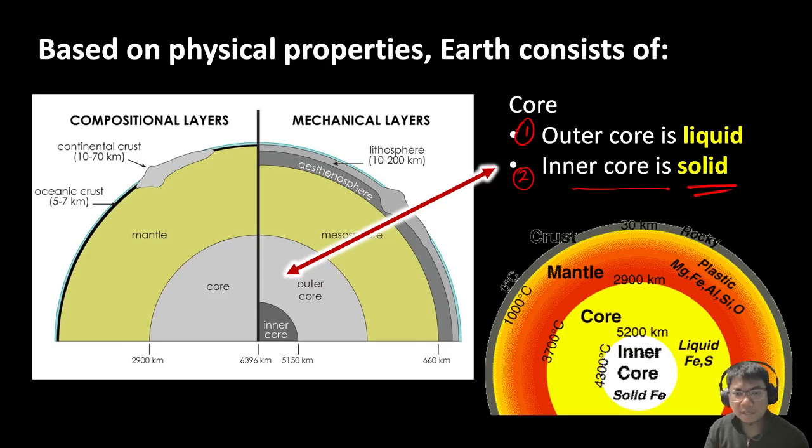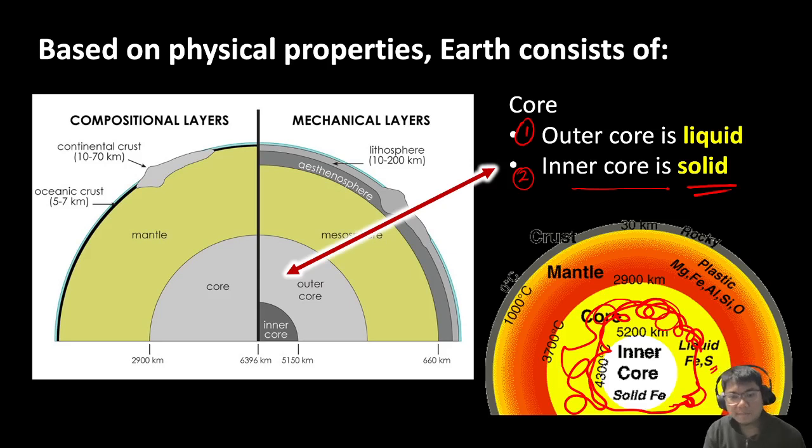So that's something that I want you to remember. Here is the liquid iron, and here it actually has some sulfur in it. So this iron and sulfur is so liquidy, it is able to flow and flow and flow, blanketing the inner part of the core that consists of the solid iron.